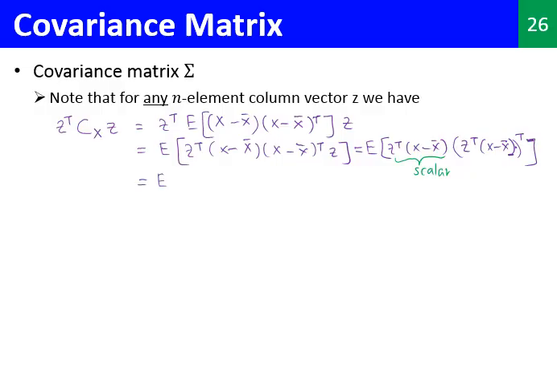the expectation of z transpose times x minus x bar, this whole thing squared. And since it's a square of a scalar, this would be greater than or equal to 0.